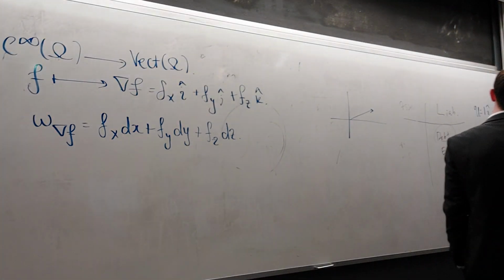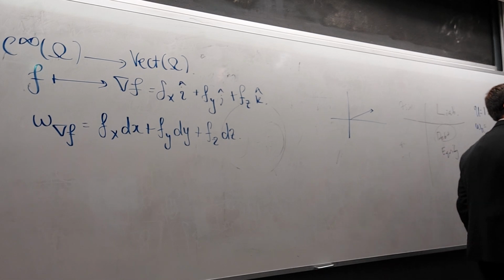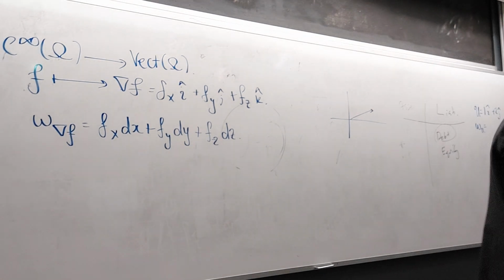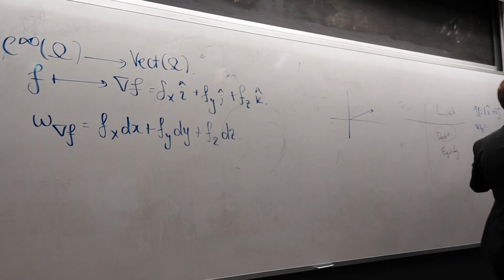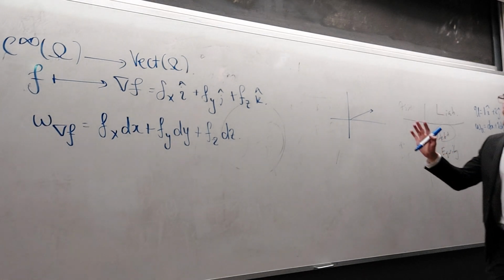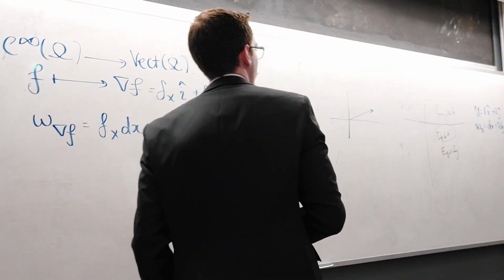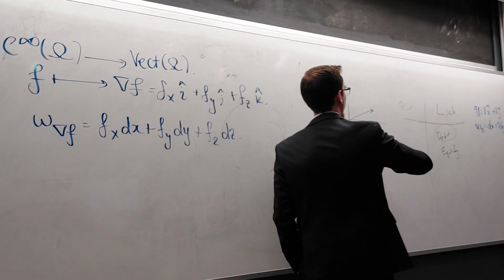How do I do it? What would be omega_u? dx plus 2dy. For the moment I'll interchange vectors and forms, but really we're talking about forms.